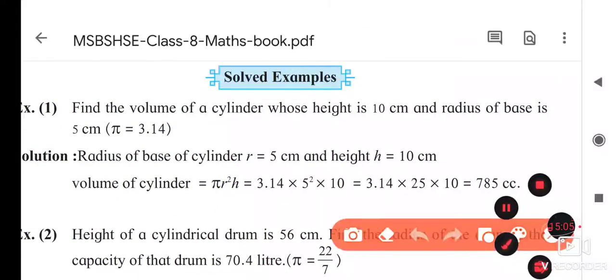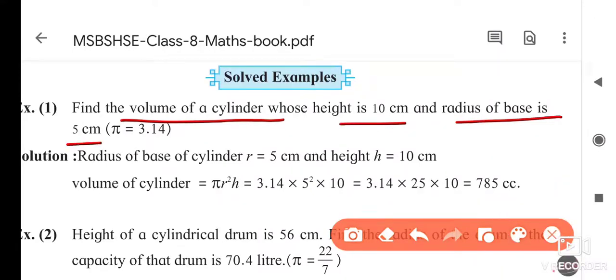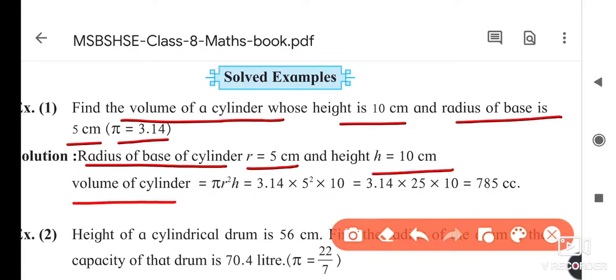Find the volume of a cylinder whose height is 10 centimeter, radius of base is equal to 5 centimeter. Here they told you to use pi as 3.14. So radius of base of the cylinder is r equal to 5 centimeter, and height is equal to 10. What is the formula of volume of cylinder? Pi r square h.